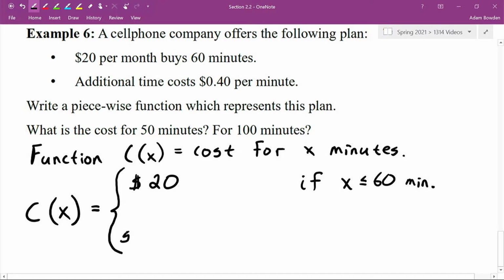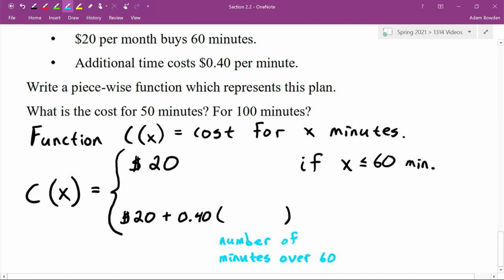Now the second part is if it goes over 60 minutes. If it goes over 60 minutes, it's still going to be $20, but we have to add to that the additional cost for 40 cents per minute. So we're going to start with $20 plus 40 cents times something. That something is going to be times the number of minutes over the first 60 minutes.